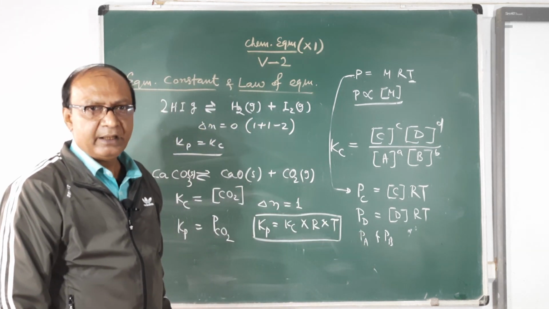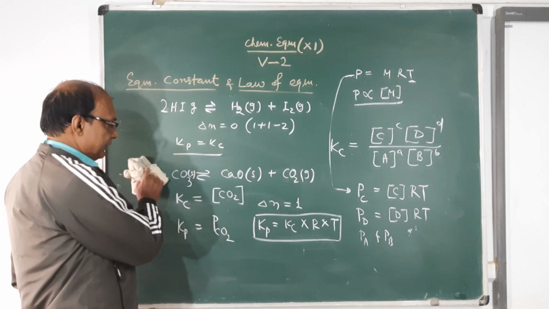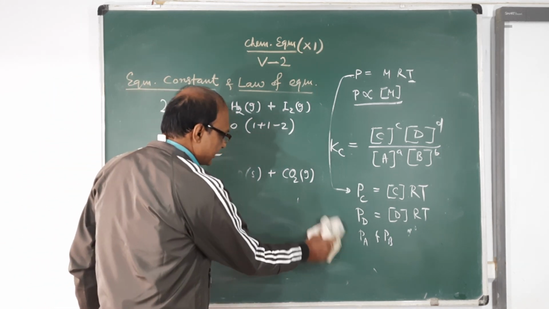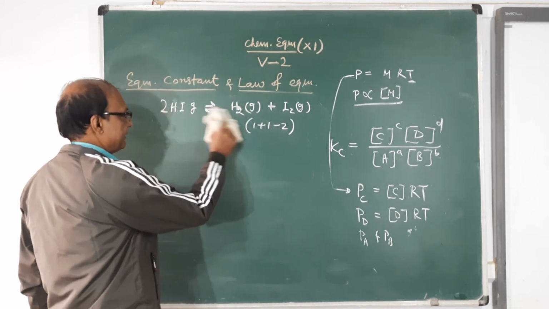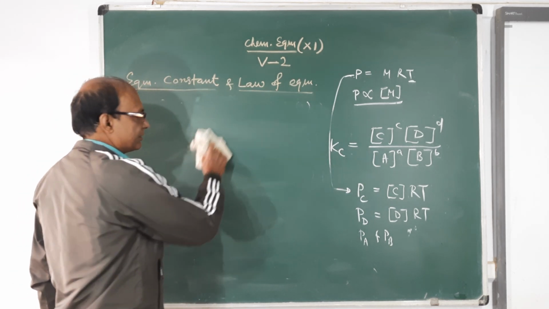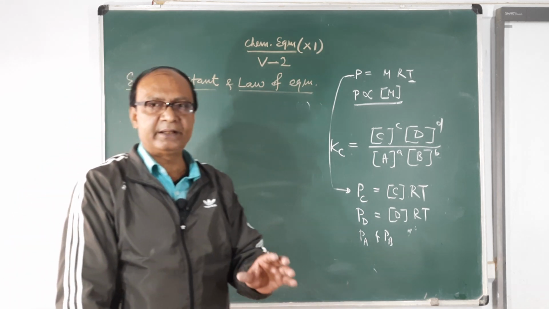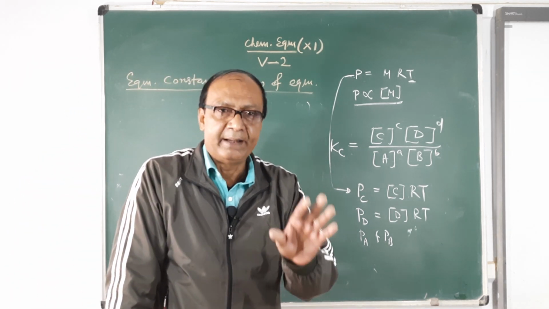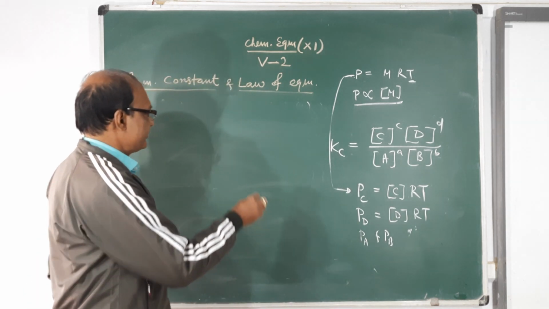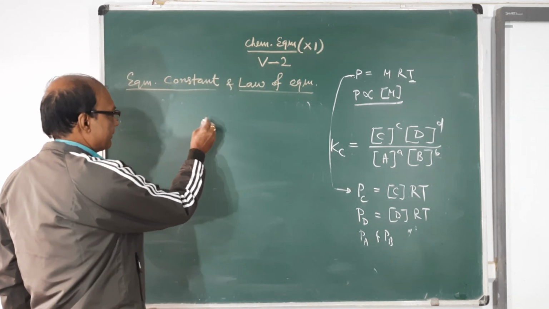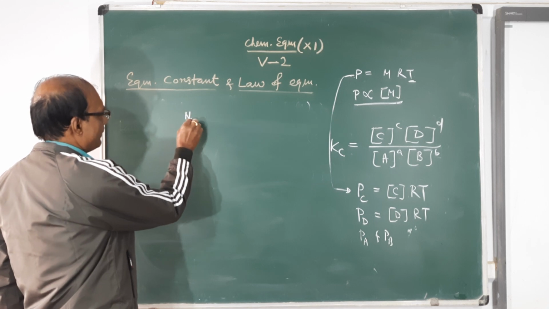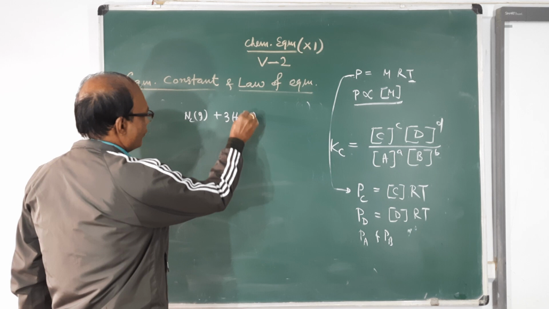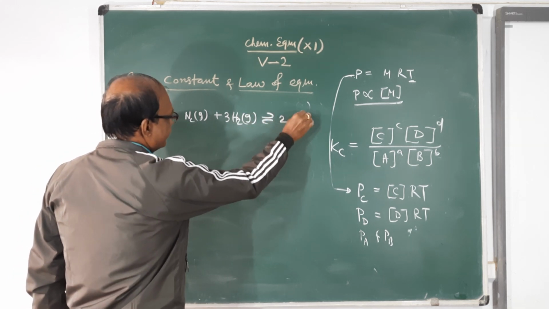Now remember, I want to mention here that the molar concentration or partial pressure we are talking about is the equilibrium concentration. We do not write it. See it here: N2 gas plus 3H2 gas, 2NH3 gas.